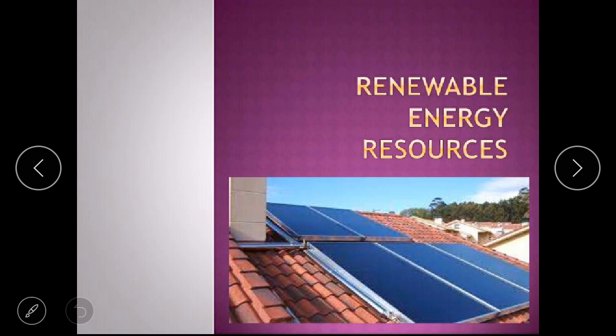We know that various energy sources are present on our earth, and this energy is classified into two parts. First, conventional, and another is non-conventional energy sources. Conventional energy sources are also known as non-renewable energy sources, and these sources are fossil fuels, hydro resources, and nuclear resources.